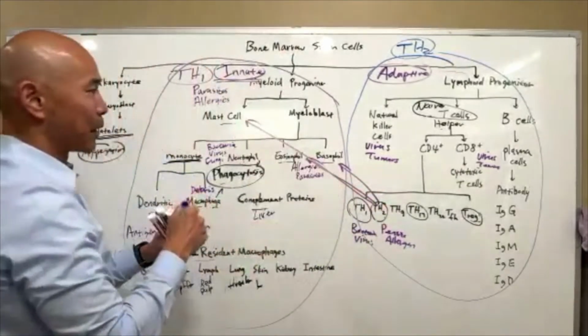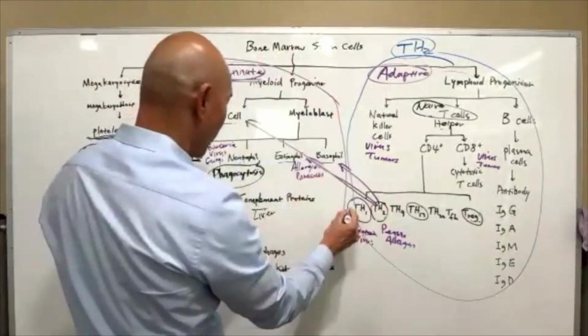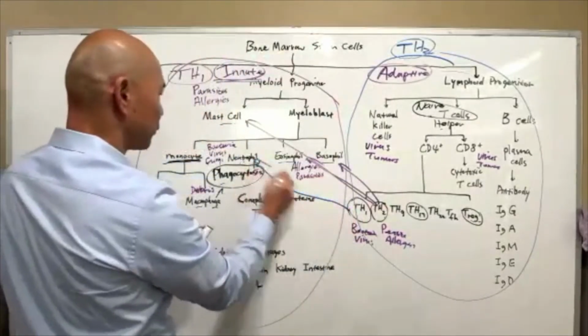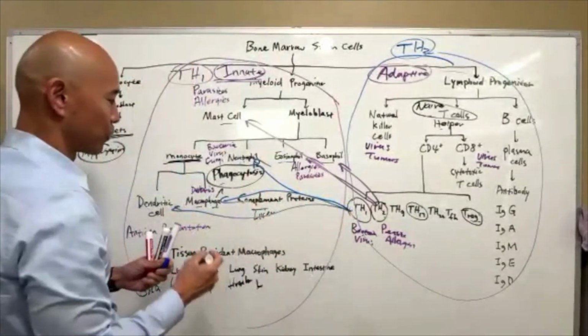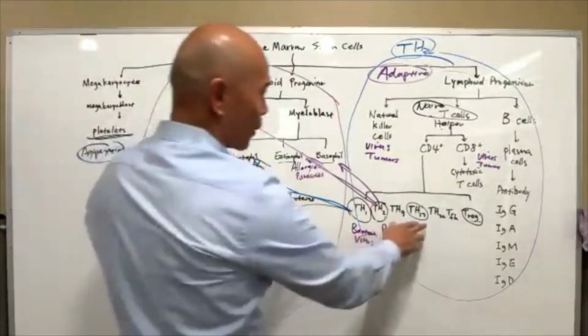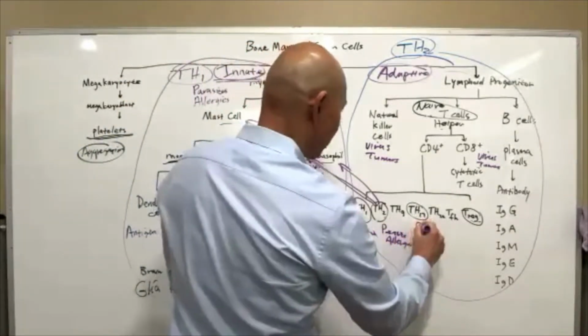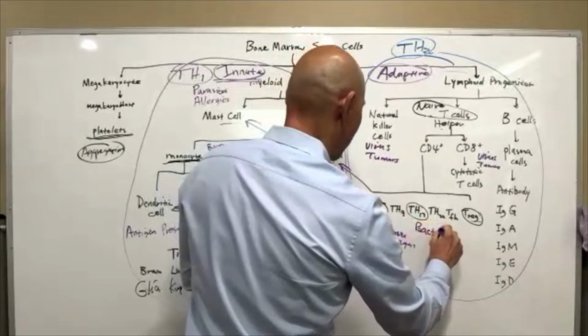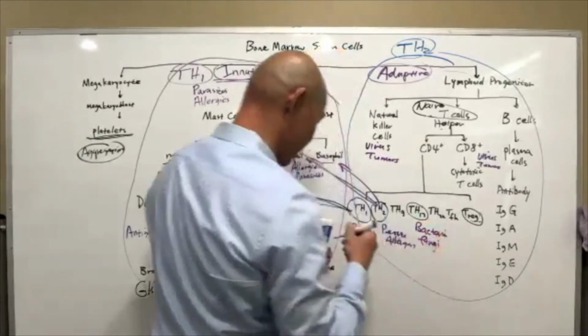There's communication happening between the innate and adaptive response, and then the T helper 1, they're going to talk to the neutrophils, macrophages, dendritic cells, and so forth. And then we have the T helper 17, which is going to go after your bacteria and fungi like Candida.